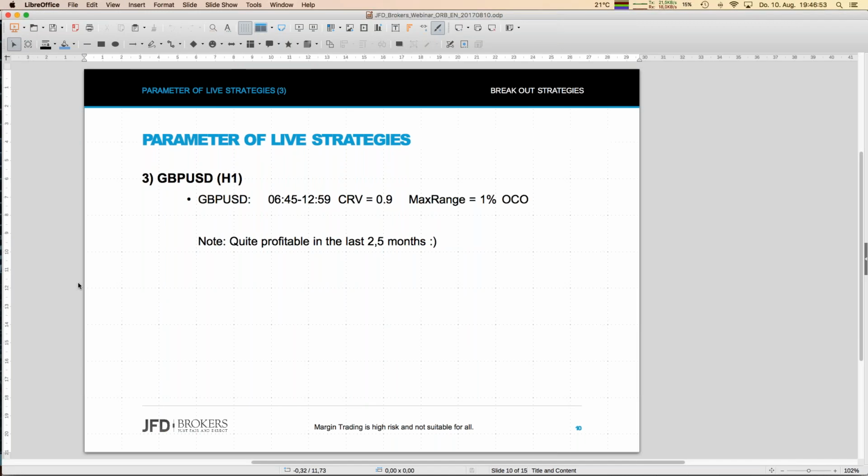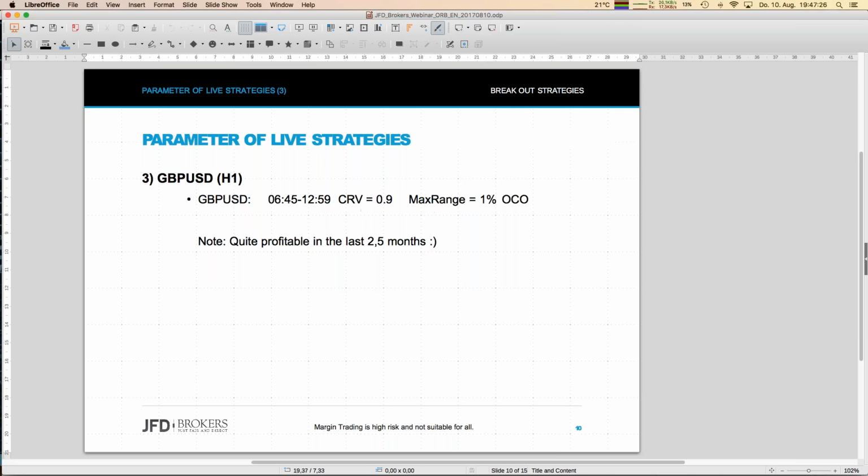So it's a little bit later in the day, and since everything is optimized here, I can only interpret my own optimization in a way that I say that we are later in the day, it's time that the US market will come into play here. And the nice thing with that strategy is it's even acting with a risk reward ratio smaller than 1.9. And it's performing quite well.